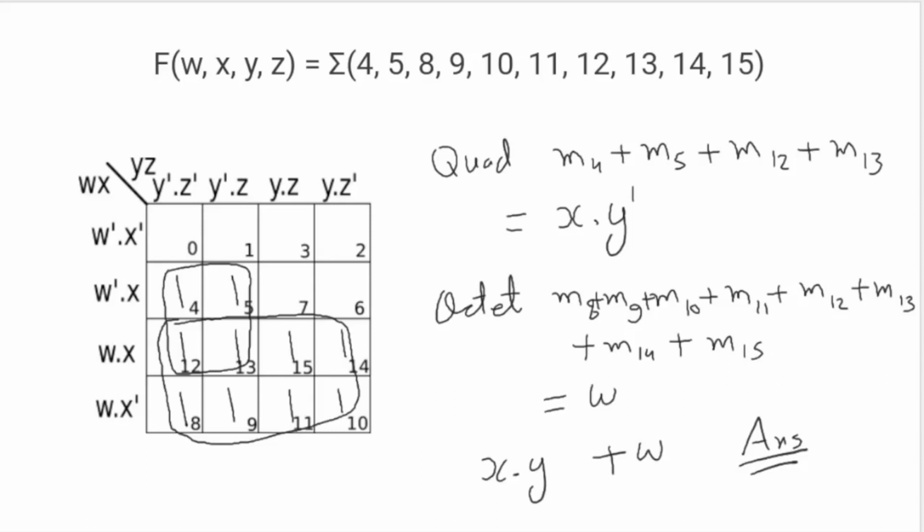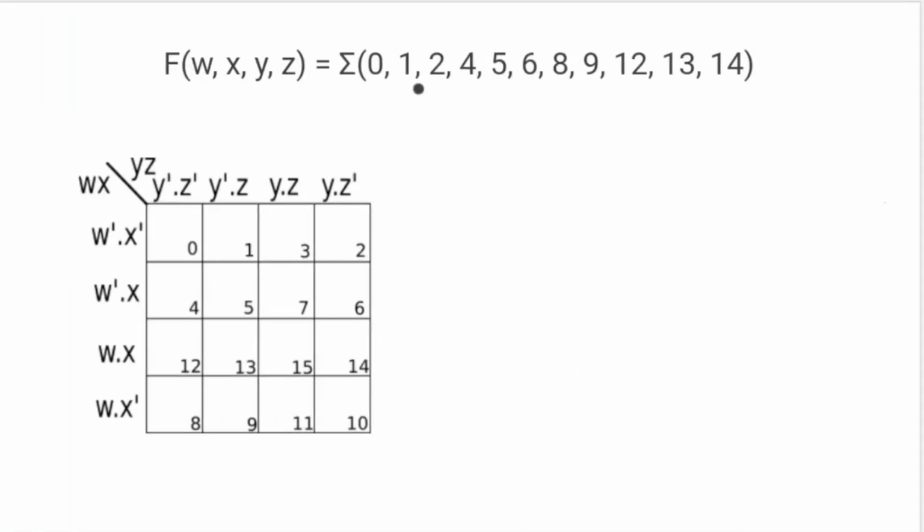Let's try another question. Let us begin by plotting the ones. So 0, 1, 2, 4, 5, 6, followed by 8, 9, 12, 13, 14. And the usual step, we'll first try to make the biggest group, which is an octet in this case.